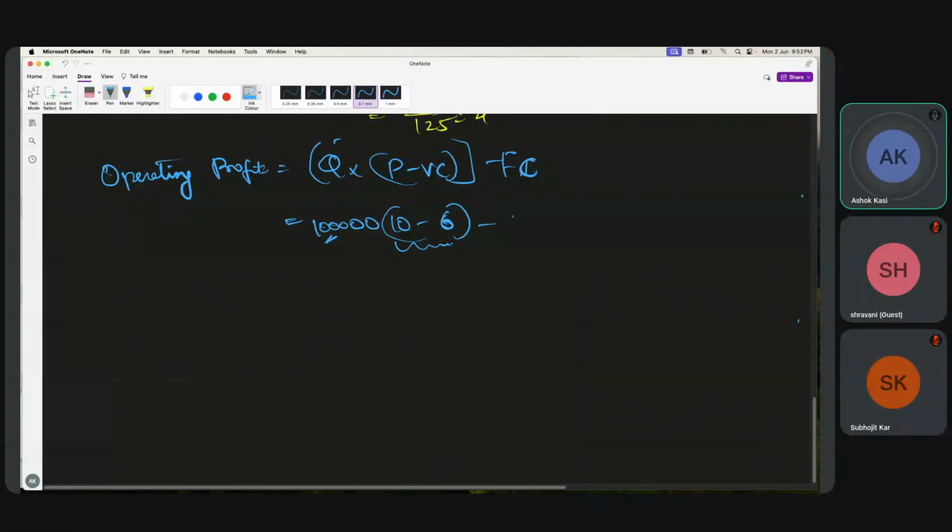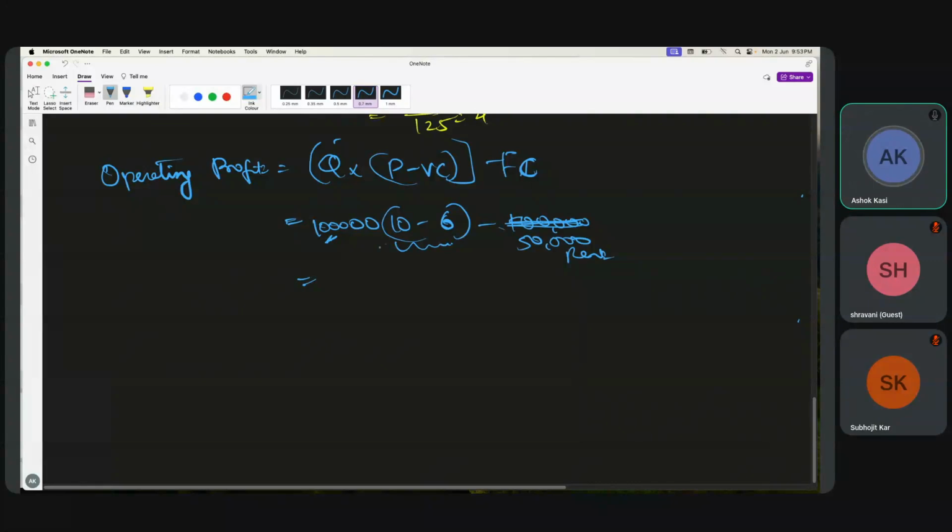Fixed cost is maybe like, 50,000 you are paying as rent.